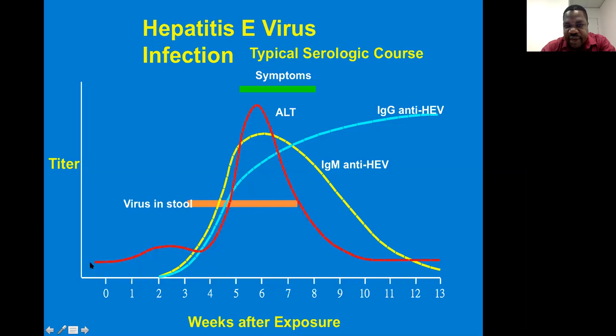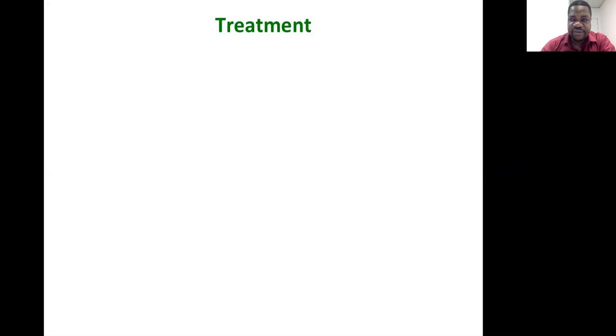And the liver enzymes, the ALT, are what start increasing early. So early on following exposure, the major thing you can observe is the increase in the liver enzymes. The ALT starts increasing even before you can see the IgM anti-hepatitis E antibody. And here you have your clinical manifestation, during the initial phase and the second phase when the patient will develop jaundice. So this is how you make the diagnosis of hepatitis E.